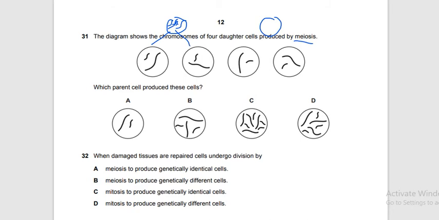This will also have the same 4 content, 2 large and 2 small, which will still break into this. So their parent will be exactly like this, which will be 1 small, 1 large, another small, another large. So the question is, which parent cell produces this cell? So this will be the parent cell.